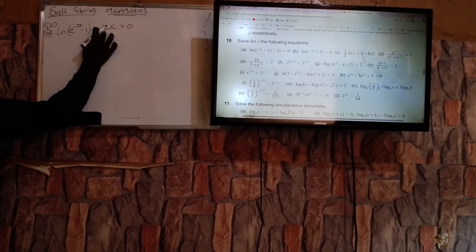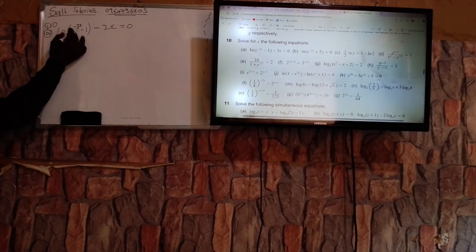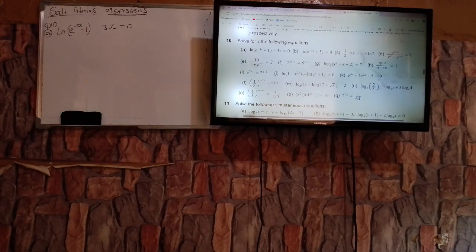Here the x is just normal as in a linear aspect, but here the x is in a power. So it will be very difficult to solve this equation because one x is in the normal position, another x is in the power. So try by all means to simplify it so that it can be in a version you will solve without any difficulties.